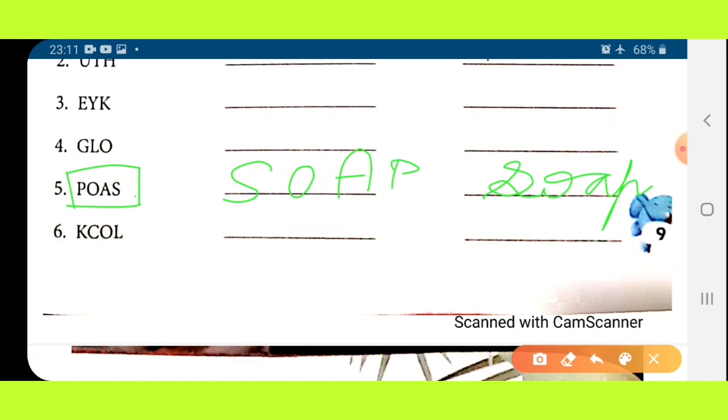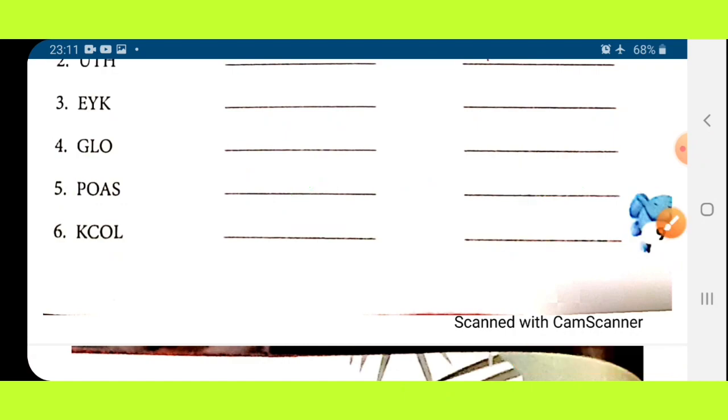Now the last is also here but not the least. The sixth one. KCOL. Yes. Again I am counting with the watch. Tick tick 1. The clock is running. Tell me the answer fast.